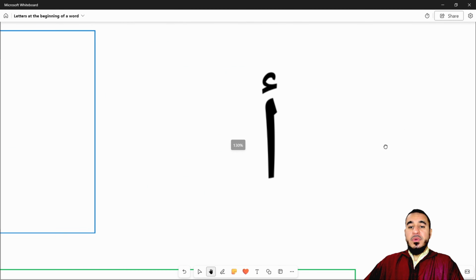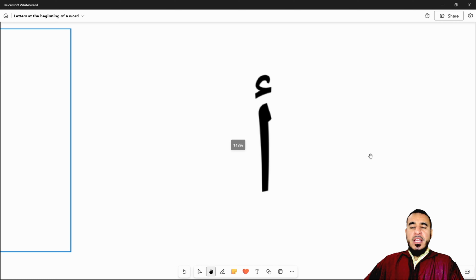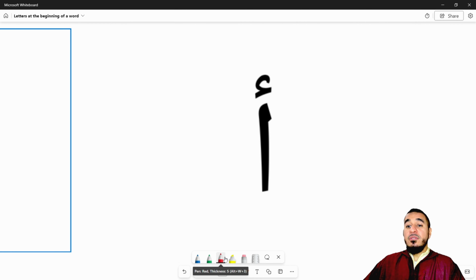So let's start with the alif. The alif is one of those letters that looks the same when it is by itself or when it is at the start of a word. So no changes here. However, something I'm going to mention now, which will become clearer as we go on in the class, is that it does not physically attach to the next letter in the word.